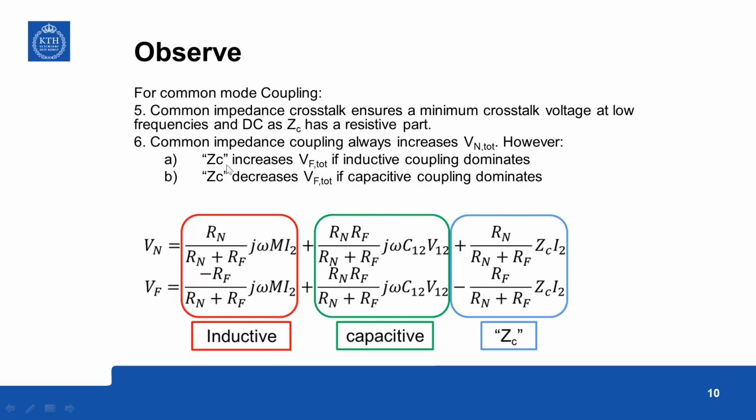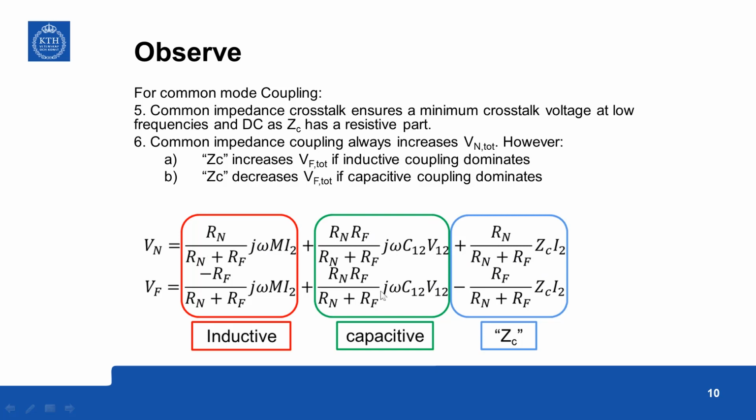However, Zc increases Vf total if the inductive part is dominant. So if this part is negligible, so if it is a low impedance circuit in general, so this part may be dominant, then common impedance coupling increases the far end crosstalk and also increases the near end crosstalk.